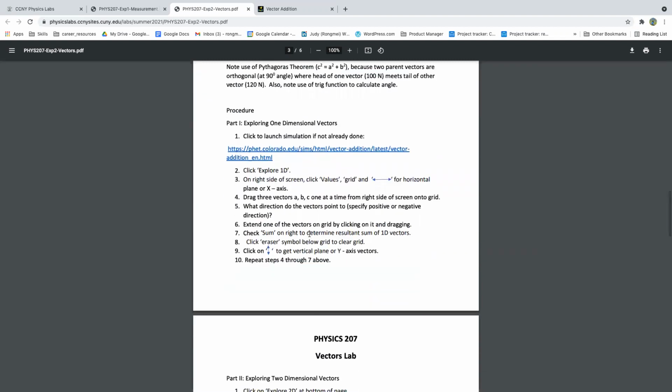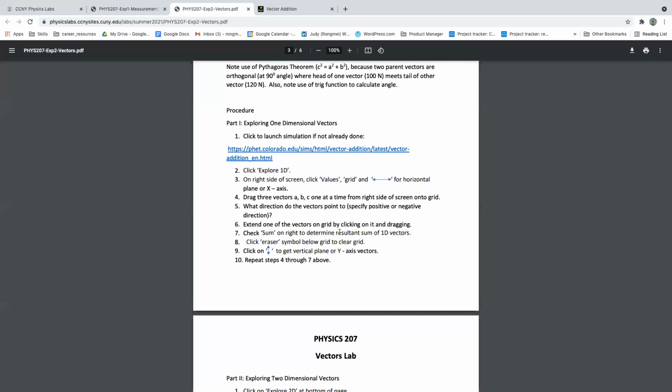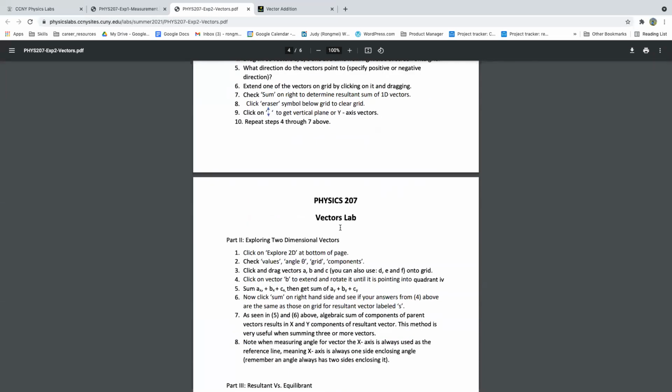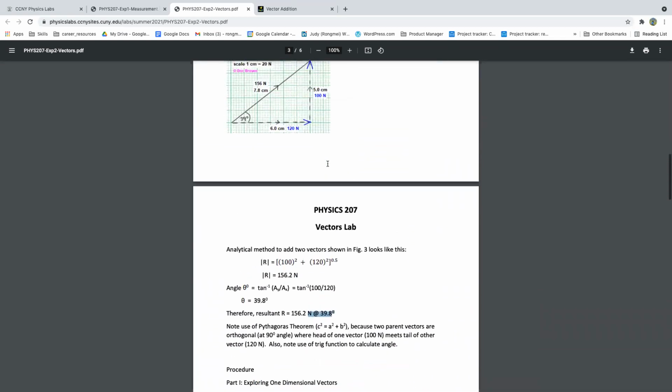So the first part is to explore. You just click, make it longer, and play around. Basically, you don't have any work that needs to be done in part A. Just play around.